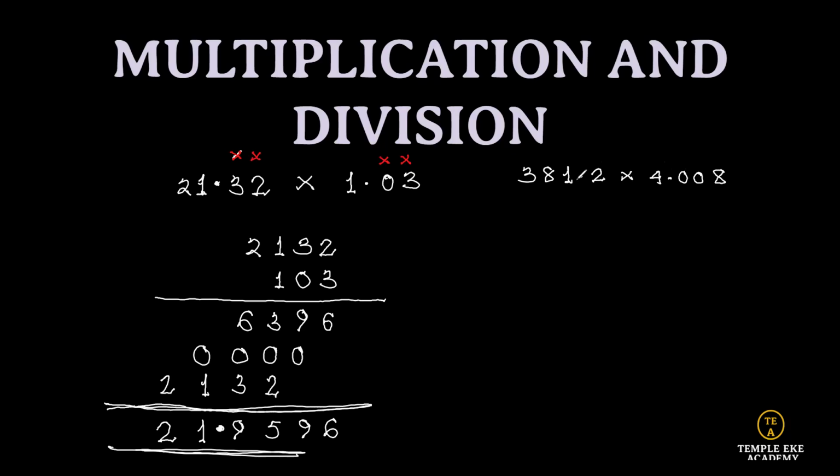To carry out this multiplication, we simply ignore the decimal point positions and write straight away 381.2 to be multiplied by 4.008 without showing the decimal point position.